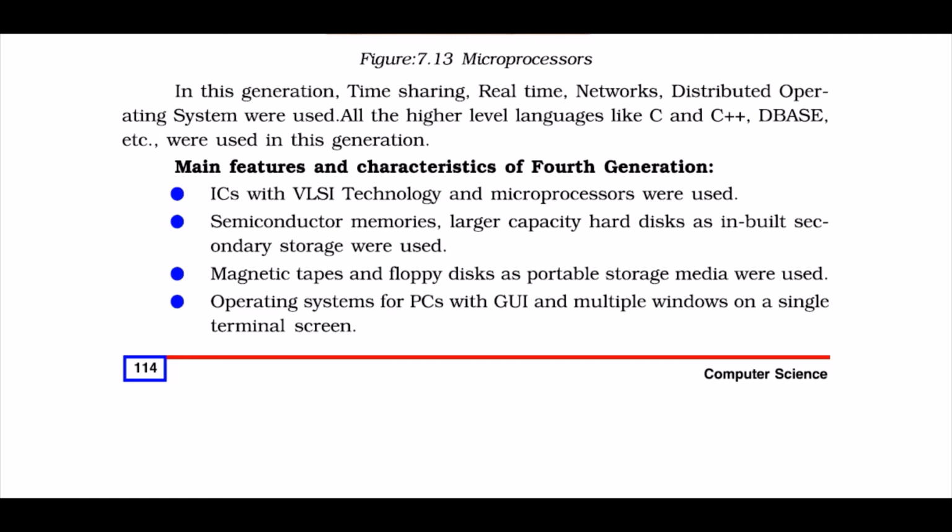Now, this is the first time magnetic tapes and floppy disks were used as portable storage devices. Portable means you can carry your information anywhere. You just copy the file or data onto a floppy disk or a tape and you can carry it anywhere. Operating systems for PCs had a GUI and multiple windows on a single terminal screen.